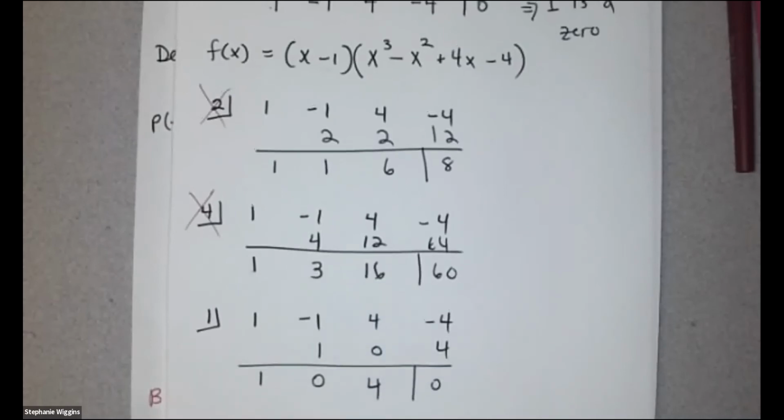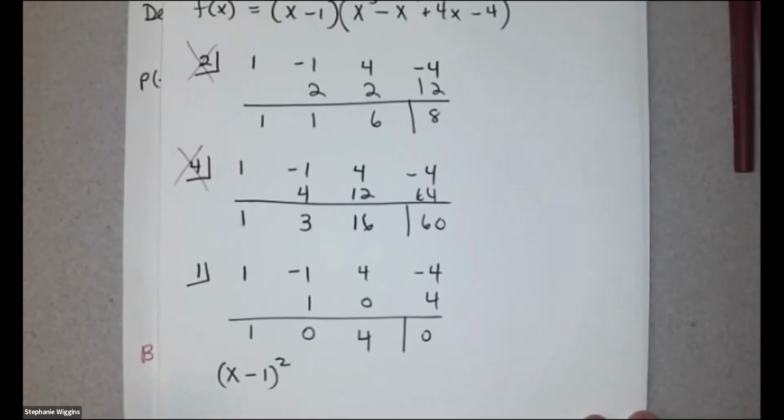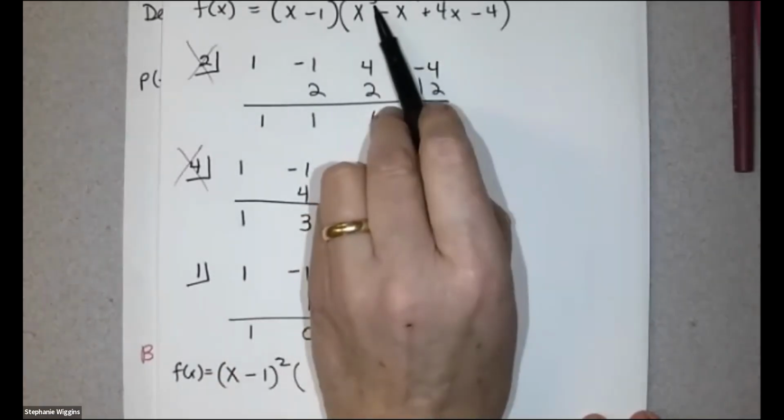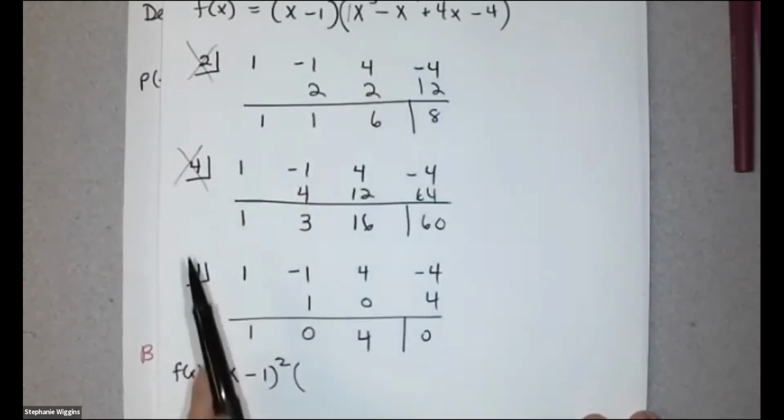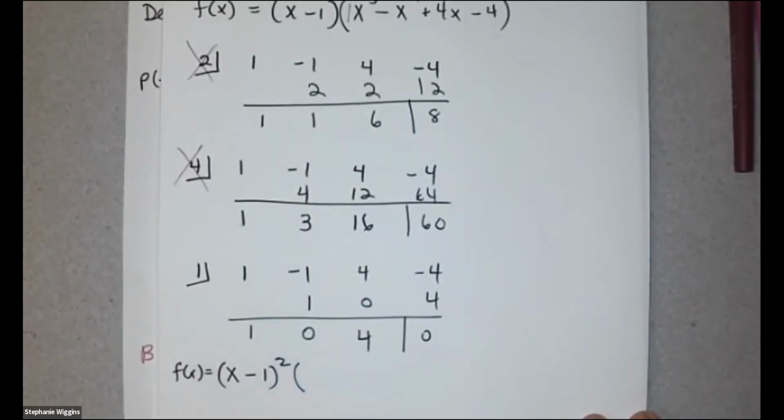Yes. So from this point now I know that 1 occurs a multiplicity of 2, so it becomes x minus 1 squared. That's my function. And then what's left is, so this represents x cubed, right? This 1 came from this right here. So this is x cubed. That means this is a square. So this becomes x squared plus 4.